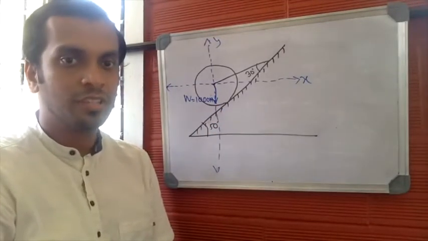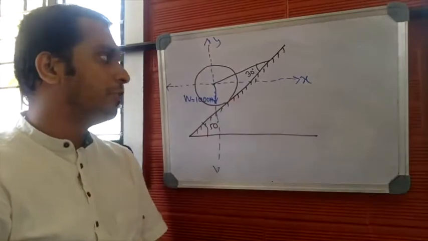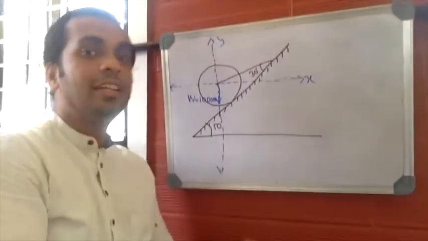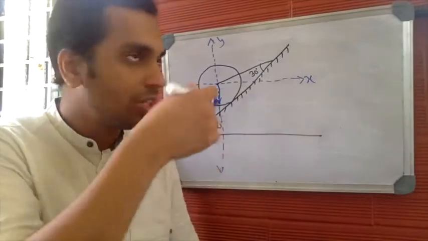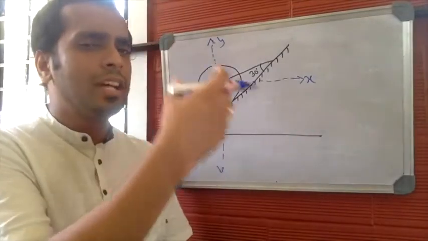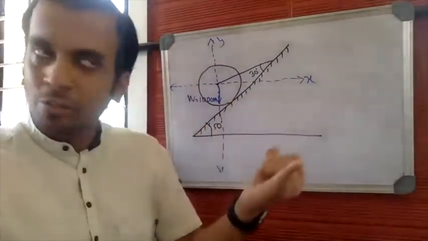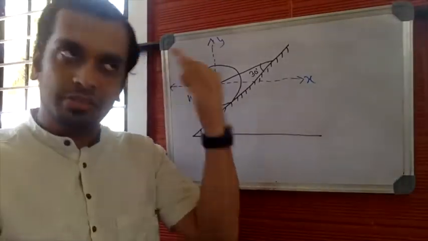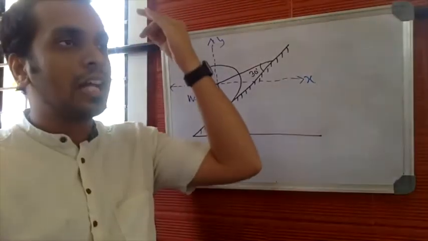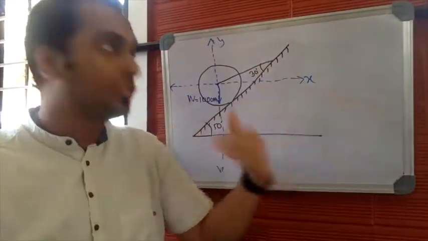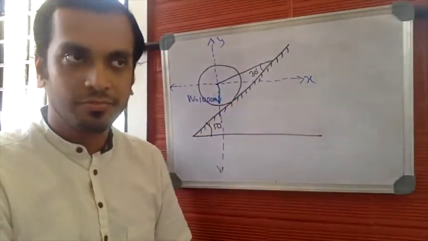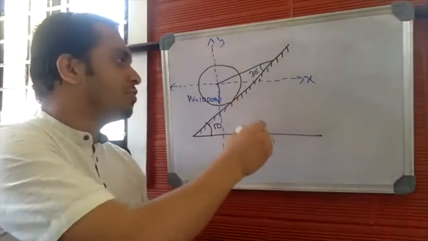After marking the self weight, you'll be marking the reaction offered by the surface on the body. Reaction offered by the surface is also called the normal reaction. Normal reaction will always be perpendicular to the surface, will be directed towards the body, and will act exactly at the point of contact between the body and the surface. These are the 3 conditions to draw the normal reaction.